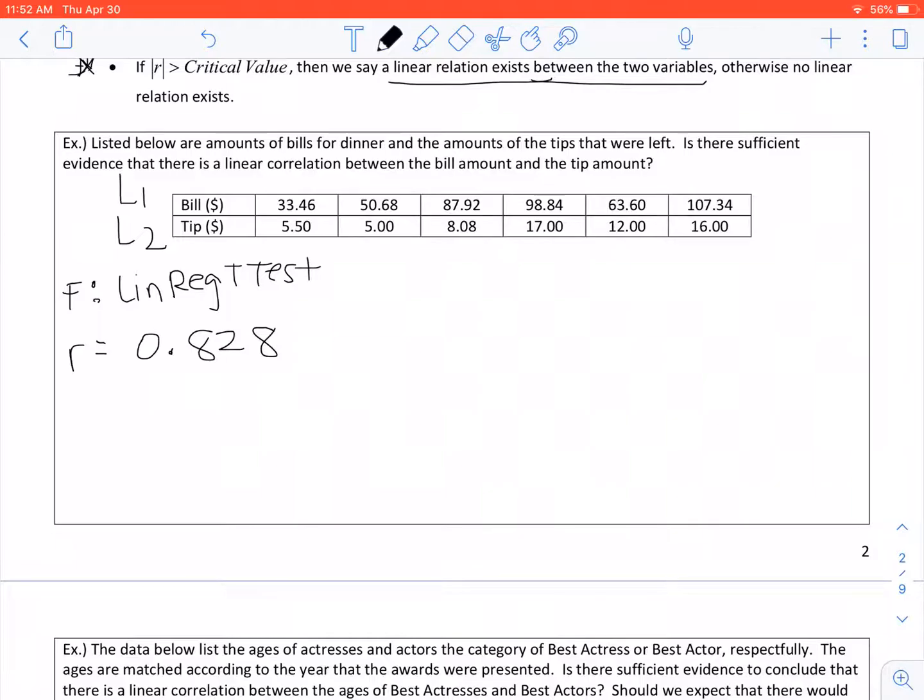And then we also need to compare it to our critical value. If you look at this data that we have in here, you guys will notice that we have 1, 2, 3, 4, 5, and 6 different bills and the tip amount that they gave.